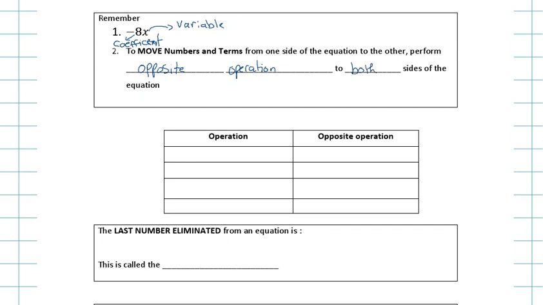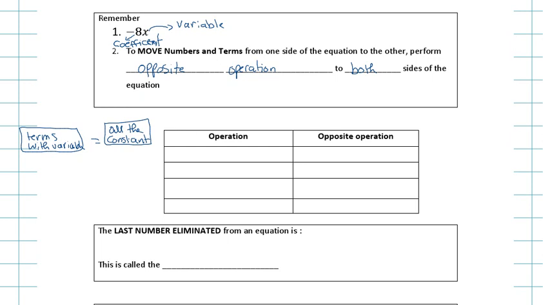So the ultimate goal is you want all the terms with the variable on one side, and then on the other side you want all the constant terms. So that's the numbers, the terms that don't have any letters. Okay? So all the terms with the letters on one side, and then all the constants on the other side with the equal sign in between them.